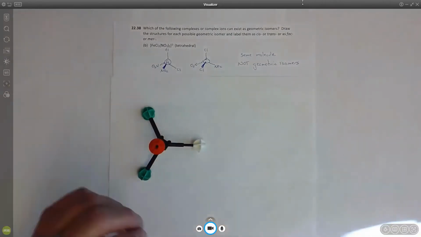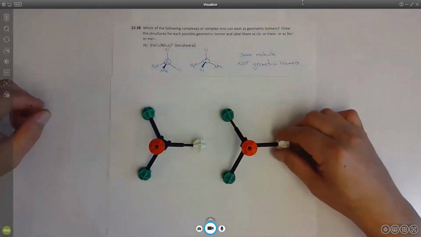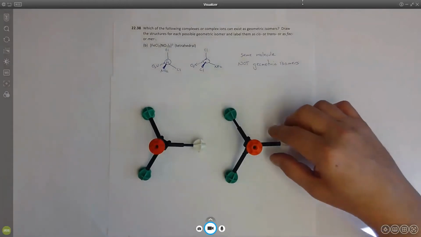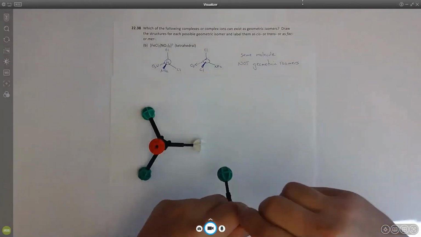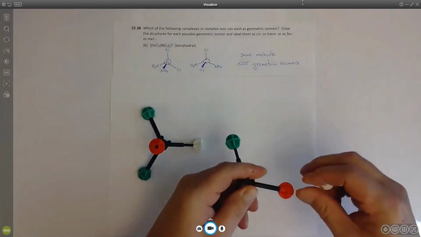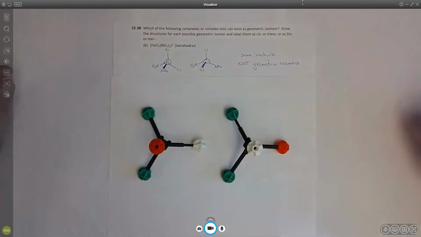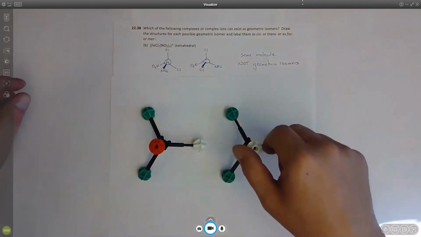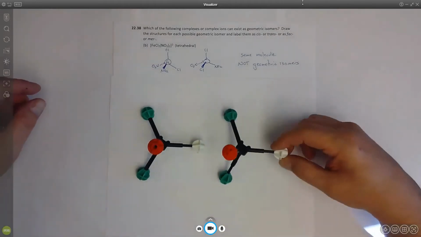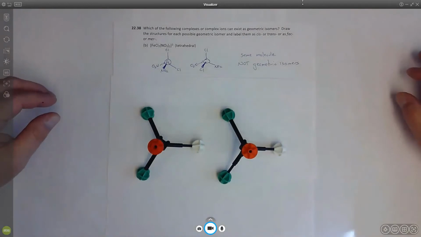So if we had a second one that looked like that, you might think, okay, what if we switch the white and the red, right? So that would look like that. Well, all we're going to have to do is rotate it and then flip it. And you can see that we actually have the same molecule again.